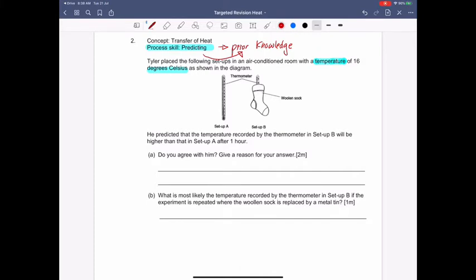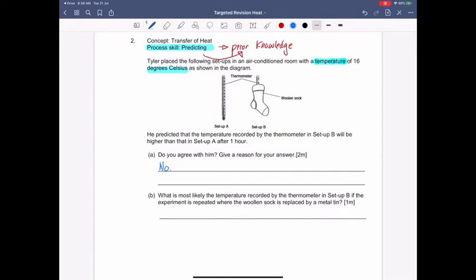Now, in this case, Tyler is not correct. I would say no. Do take note that the no alone usually does not give you any marks. You need to give a good reason. Now, for predicting, there is no strategy because it depends on what you are predicting.